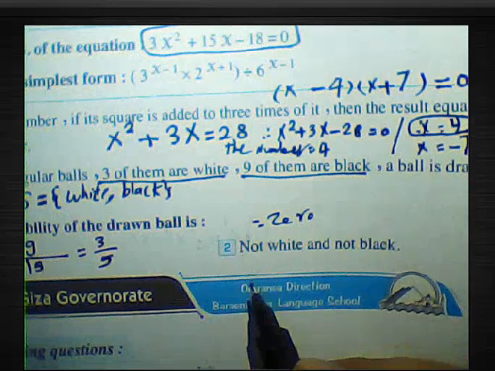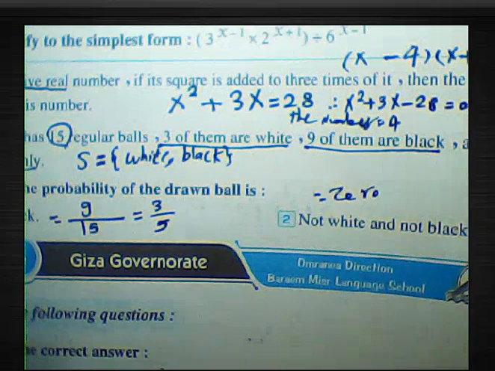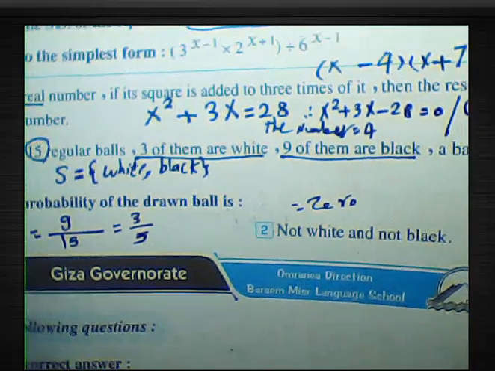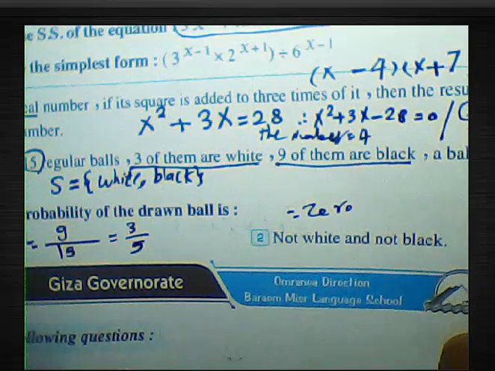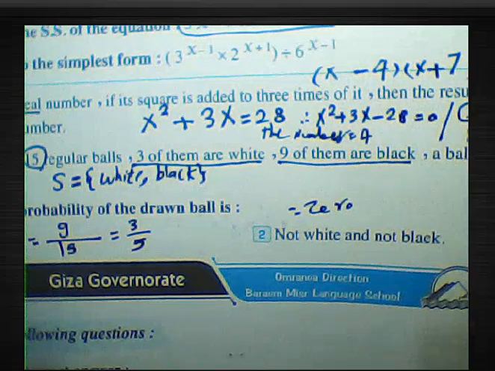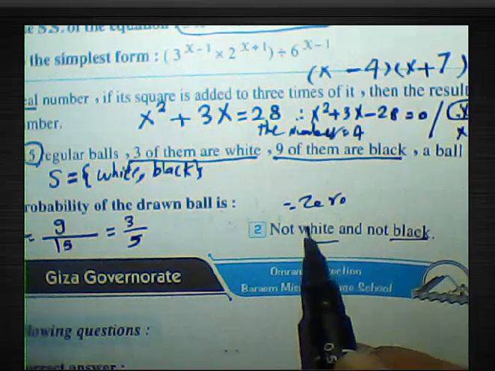It will be equal to 0 because the colors here are white and black only. We don't have any other color, like blue or green, without white and black, so the result will be equal to 0.